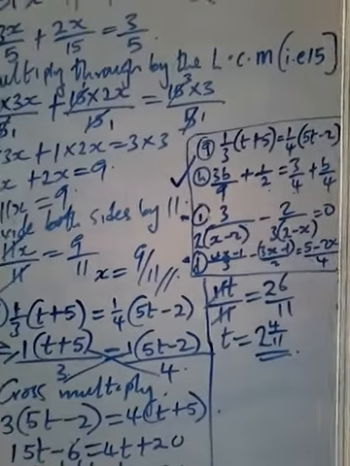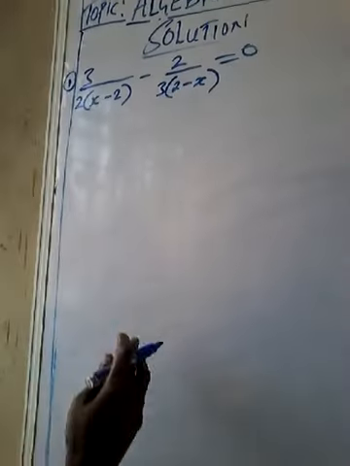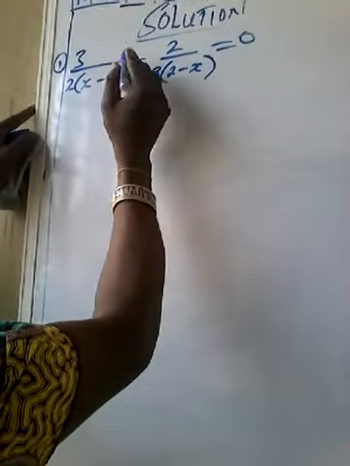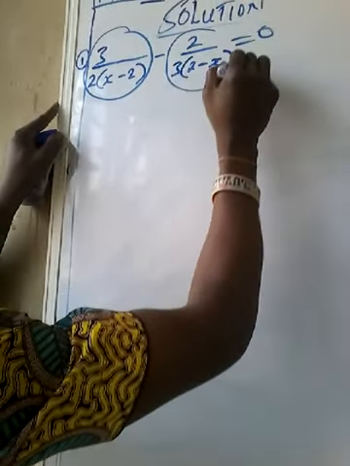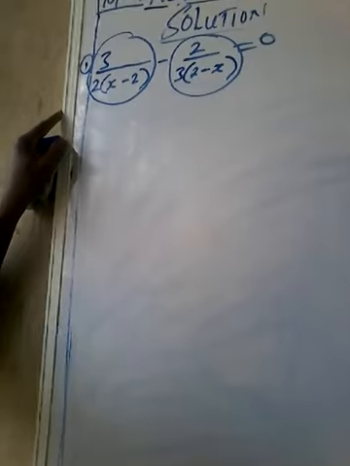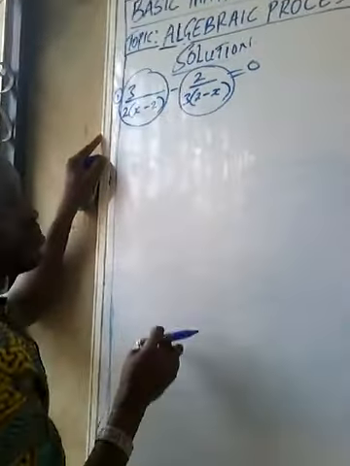Now, if you have it this way, what this means is you are saying an entity, this is an entity together. All this minus all this will give you 0. In actual fact, you are saying that this entity must be equal to this entity.